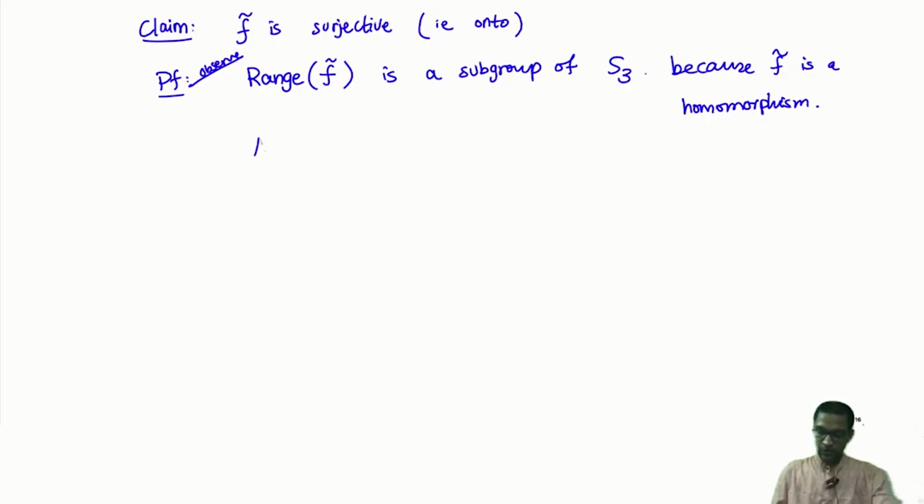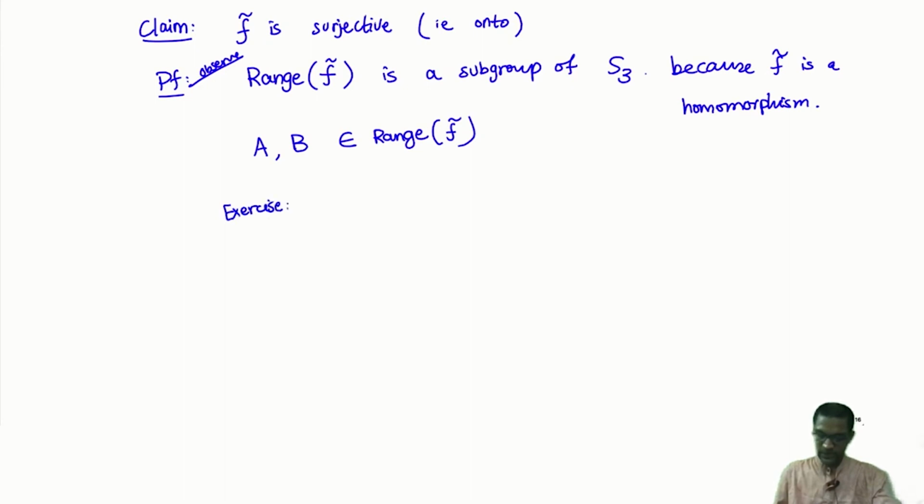Now what more do we know? We know that capital A and capital B both belong to the range. So the range is a subgroup of S3 containing A and B. Then all you have to check is that it contains all the other elements of S3 as well. In other words, I can get every other element of S3 by taking products of elements A and B. Let me leave that bit as an exercise.